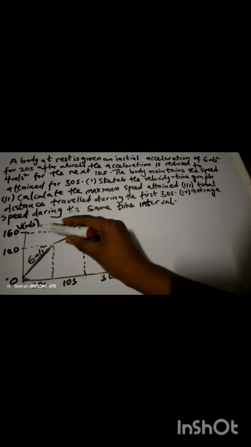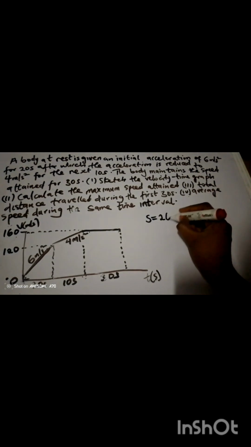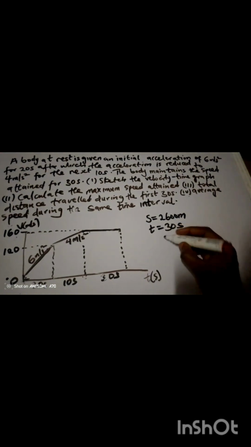Okay, to determine the average speed during the same time interval, that is for the same 30 seconds, I remember that our distance for that time is 2,600 meters. And what's our time? Our time is 30 seconds. So we can simply find our average speed by saying V is distance over time.